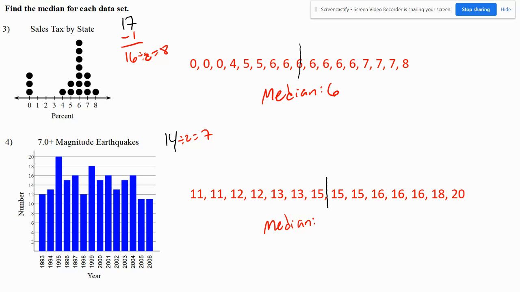You notice I have 7 numbers on each side of my line. Now, my line did not go through a number. It goes in between 2 numbers. So I'm going to be looking at these 2 numbers where it goes in between, and I'm going to find the average of those 2 numbers. So I'm just going to add those 2 numbers and then divide it by 2. All right, 15 plus 15 is 30. 30 divided by 2 is 15. So my median in this case is 15.